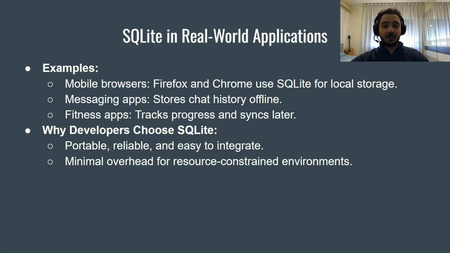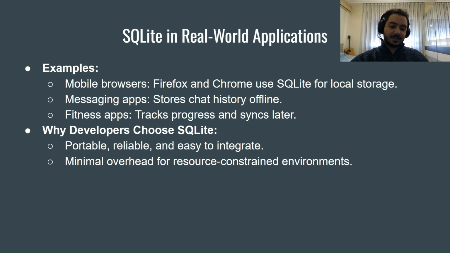Fitness apps are another great example I've mentioned before, where SQLite tracks progress locally and syncs data later when online. These real-world examples highlight why developers consistently choose SQLite for its reliability and efficiency.